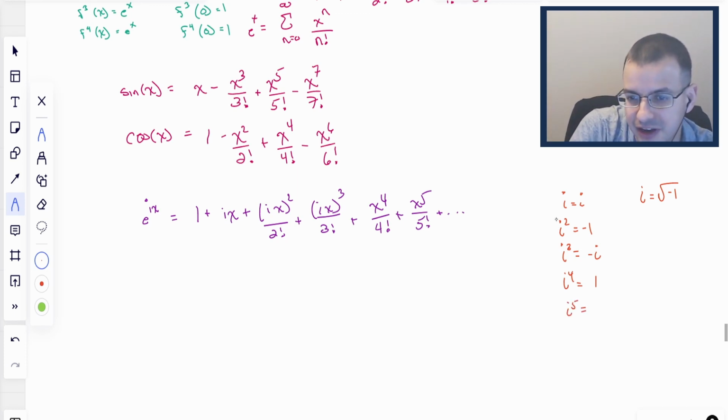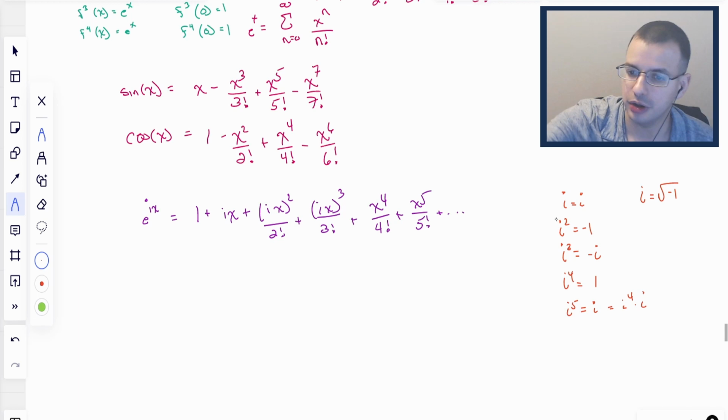And then when you get to i to the fifth, that's the same as i to the fourth times a single i, and i to the fourth is just 1, so that gives you back i, and the pattern's just going to repeat.